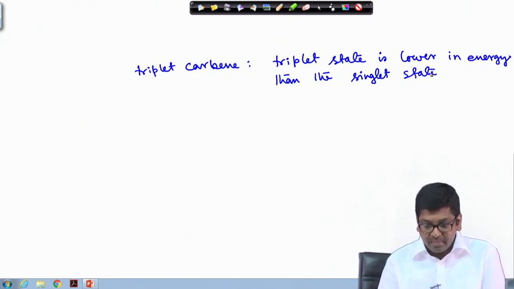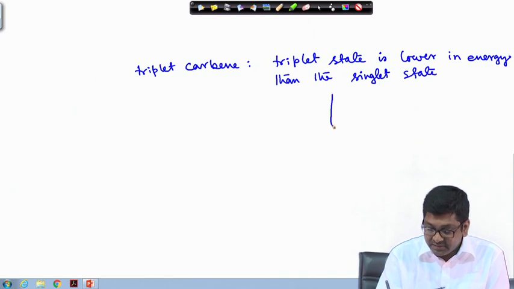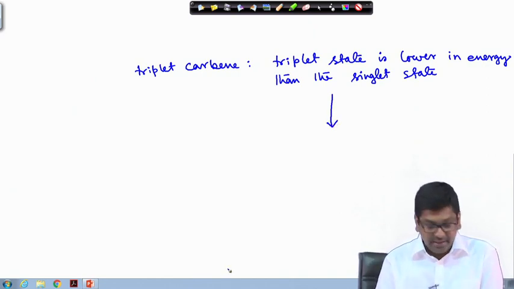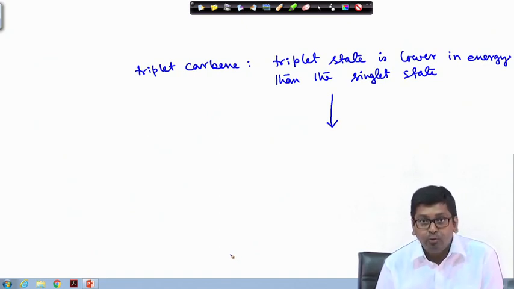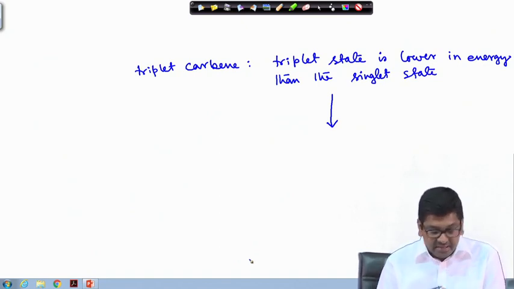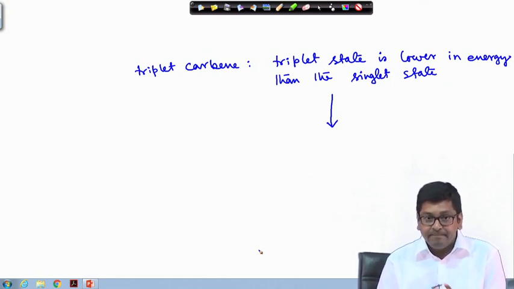What does it mean? It means that the repulsion between the two electrons in a single orbital is higher than the energy gained by bringing the p orbital electron down into the sp2 orbital. Basically, if a carbene is singlet, there will be two electrons in the same orbital, so there will be some repulsion.